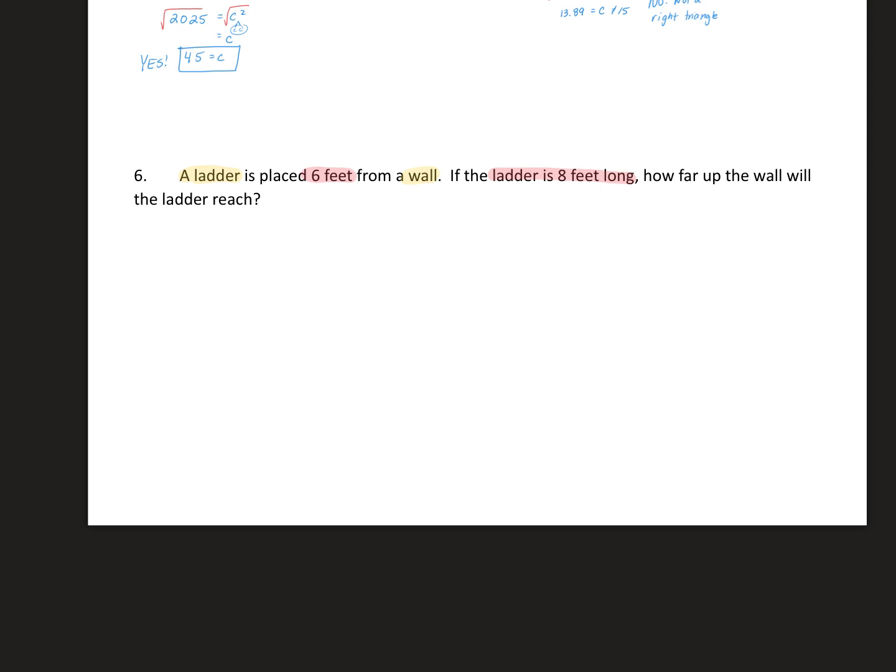Well, I know that there's a triangle involved in here somewhere because I have a wall. I just want a plain basic wall. So here's a wall, or the side of a building, either one. Usually what happens is I lean my ladder against the wall, which means this part on the bottom is usually the ground.